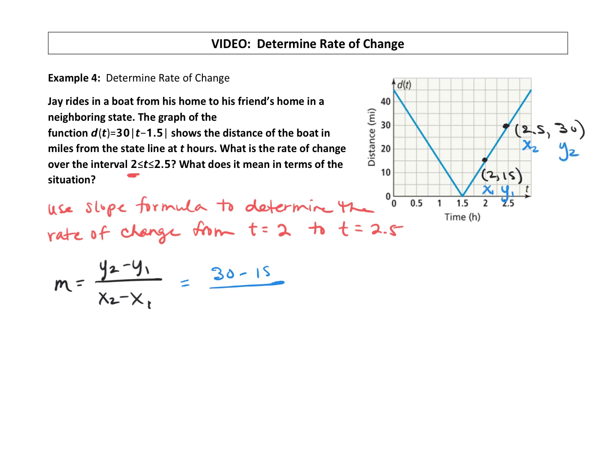So I did y2 minus y1, 30 minus 15, divided by x2, 2.5, minus x1 of 2. 30 minus 15 is 15, and then 2.5 minus 2 is 0.5. 15 divided by 0.5 is 30. So the rate of change over this interval is 30.